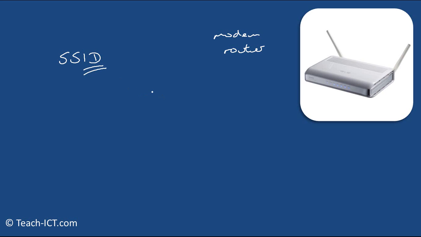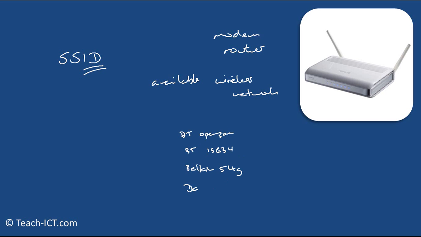If you switch your phone on or you switch on your laptop, and it says available wireless networks, you might get a list, and it might say BT Open Zone, and then BT with some numbers, 1715634, and then something that says Belkin 54G, and then you see Dave's network.